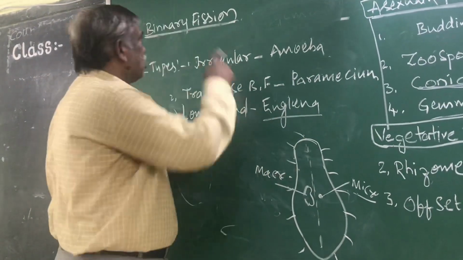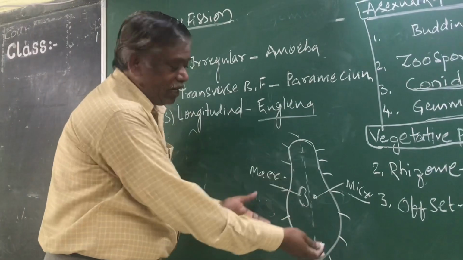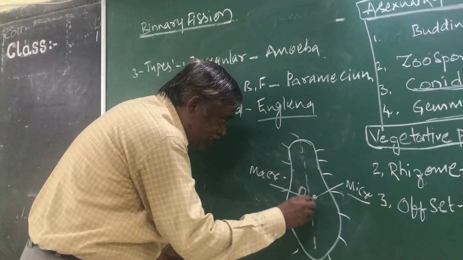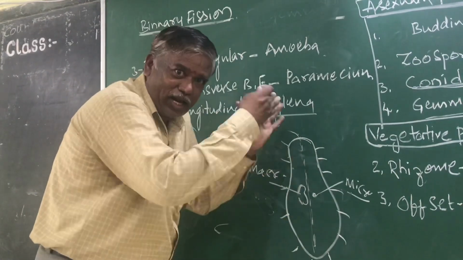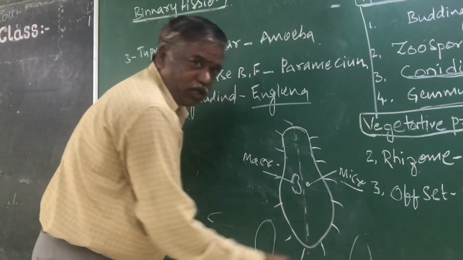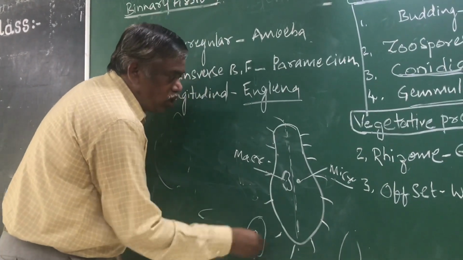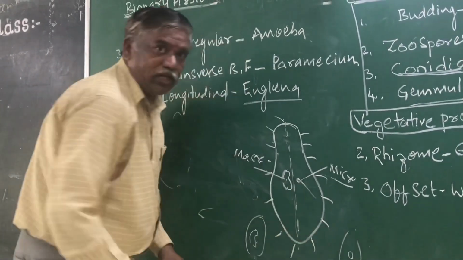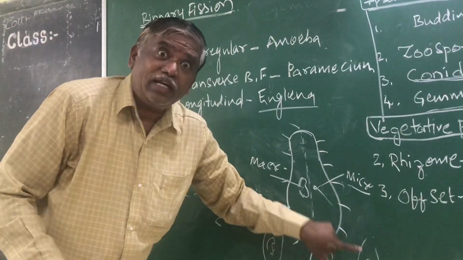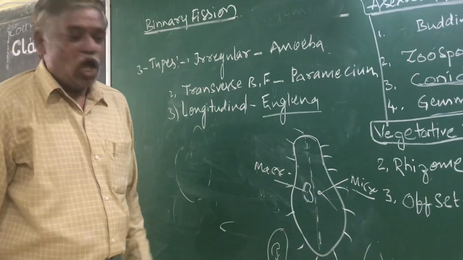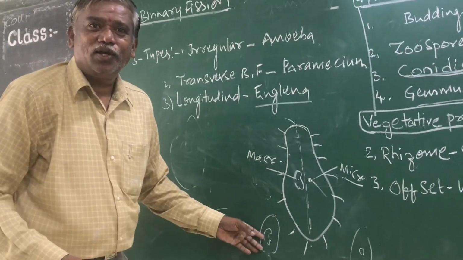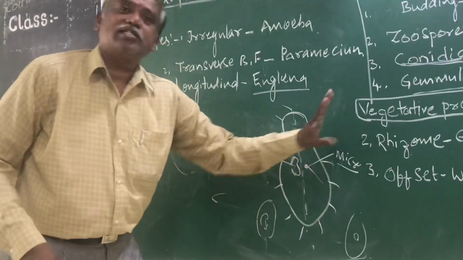Come to the point. Now, binary fission. This is the internal structure of paramecium. If the division is longitudinal, this is one daughter and that is another daughter. One daughter contains the macronucleus and the other contains the micronucleus, so one lacks the micronucleus and the other lacks the macronucleus. Without the micronucleus they cannot survive, and without the macronucleus it cannot survive.